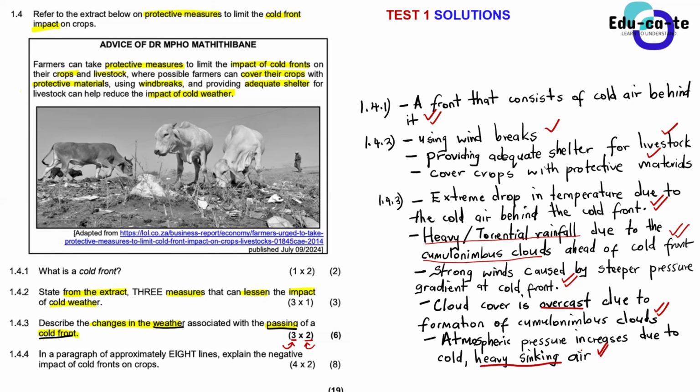Yes, Trevor. May I ask whether we will feel the atmospheric pressure when it has increased as the cold front passes, the way we feel temperature? You will feel the atmospheric pressure that it has increased. Atmospheric pressure is more like how strong the wind is. That's why we say that when we have a steeper pressure gradient, then we have strong winds.